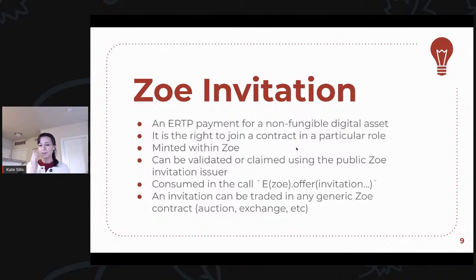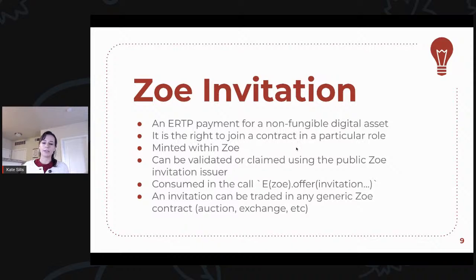Okay, I want to explain a little bit about a Zoe invitation. It is itself an ERTP payment for a non-fungible digital asset, and that asset is the right to join a contract in the particular role defined by the invitation. These invitations are payments minted within Zoe, and they can be validated or claimed using the public Zoe invitation issuer.